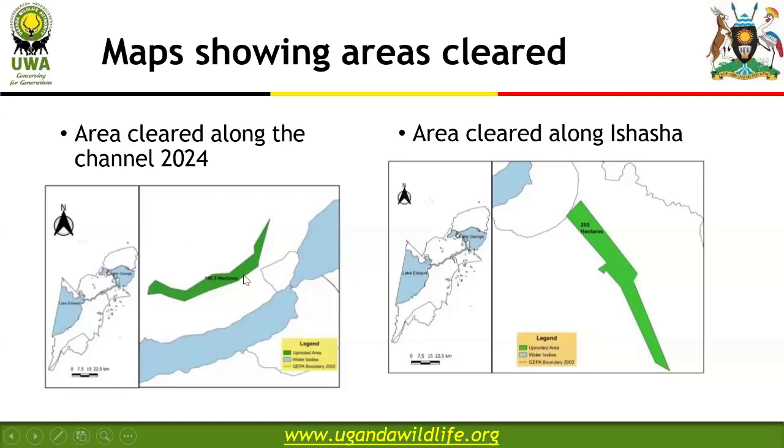Here is the area that we mapped where work was done in 2024. This is along the channel track where I was showing you the elephants. Here, Joseph and the team had done 165 hectares. Then along the other road that I told you goes to Ishasha, he had done 265.